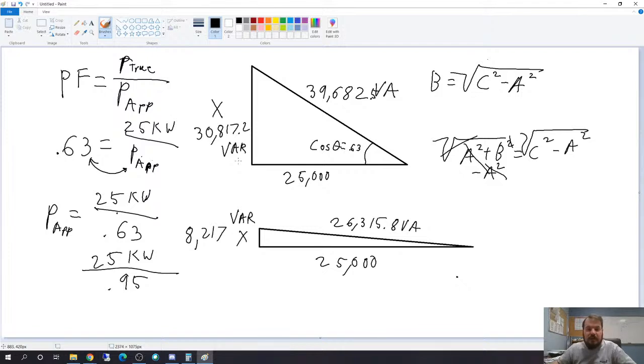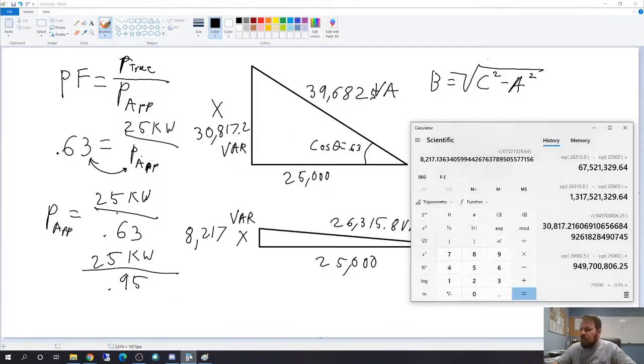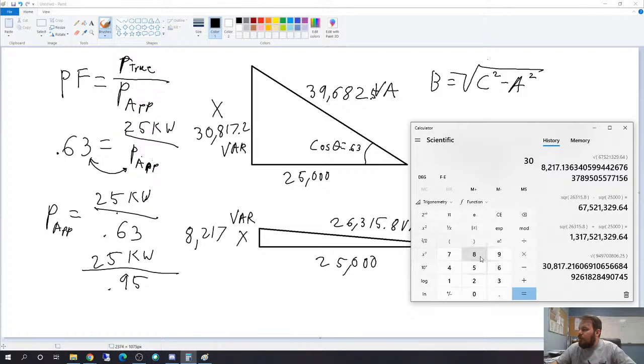So, now that we've found that, all we have to do is subtract 30,817 minus 8,217. The 17 stayed the same.